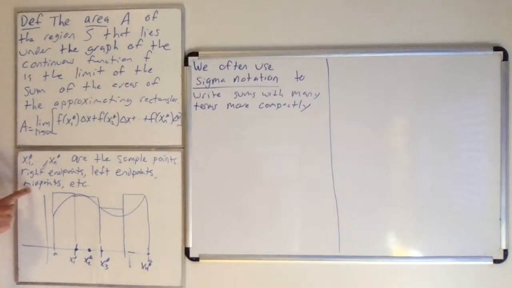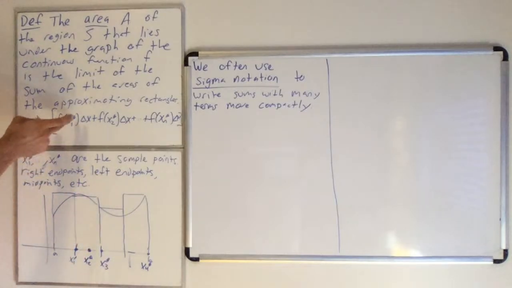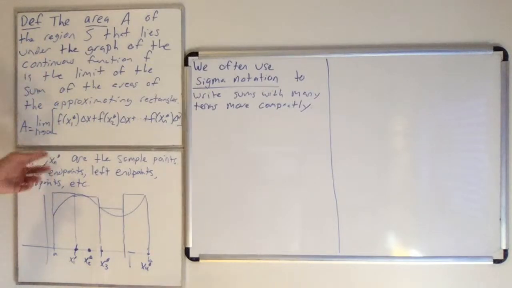We could also use midpoints, or we could use some sort of combination of them. It's just to say that we're taking these to be the points that tell us what the height is. It's not terribly important to have the stars there. It just kind of represents that we're using this point to determine the height of the entire rectangle.